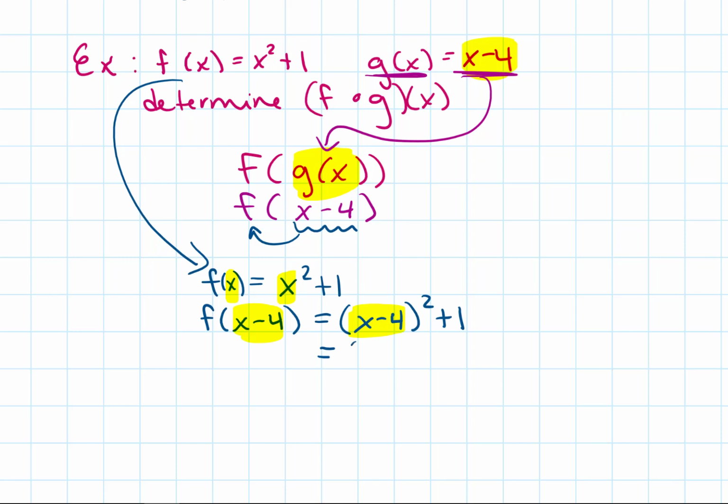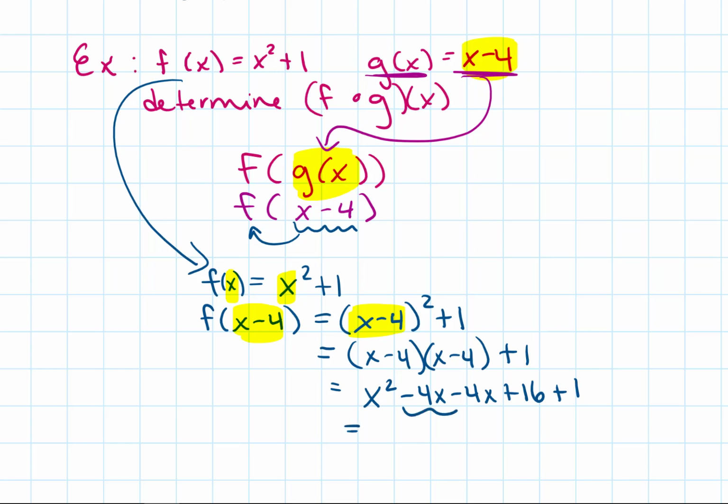And then we'll expand. That means we have to FOIL. We get x squared minus 4x plus 16 plus 1. We collect like terms. And that's our final answer. So we're using the function of g to evaluate the function of f.